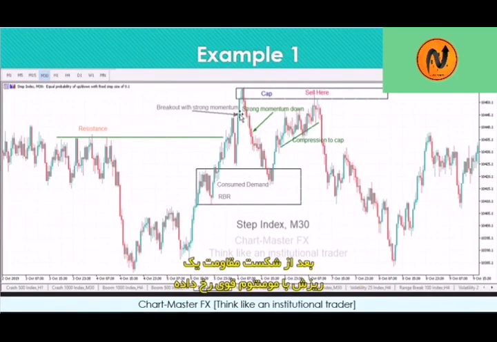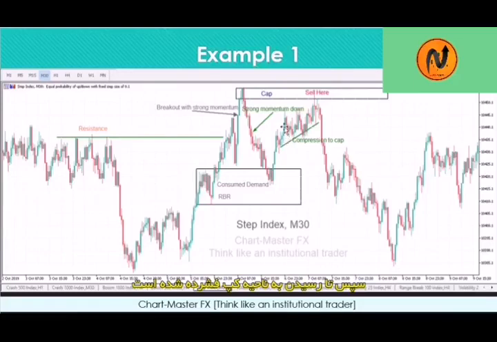Once the price broke the resistance line with strong momentum, we see also that there was a drop with strong momentum going to a base. Then the price went up with a shock, with strong momentum, just for a short time, and started to compress until it reached the cap area.